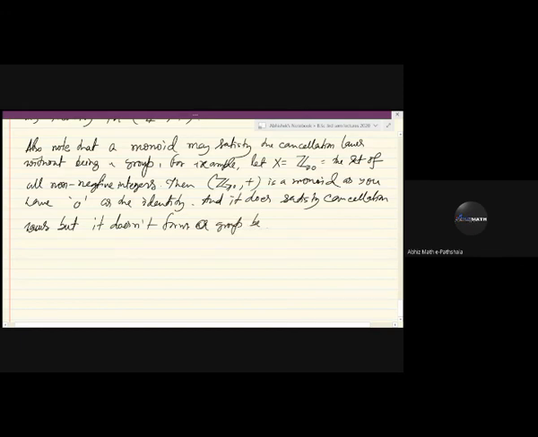Because no element except 0 has an inverse. Okay?